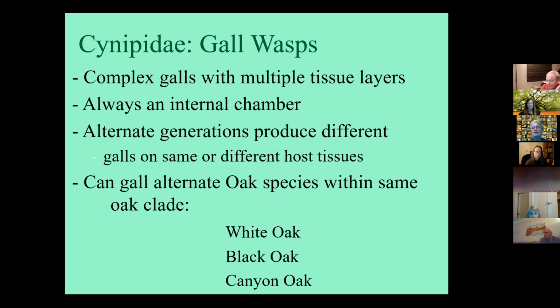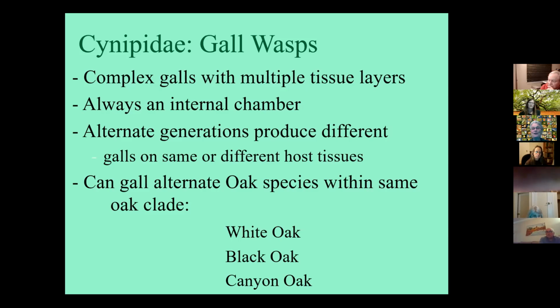Black oak includes live oaks, not canyon live oak, all the other live oaks. Okay, coast live oak, interior live oak, Kellogg oak, other kinds of black oaks. And then last of all comes canyon oak.